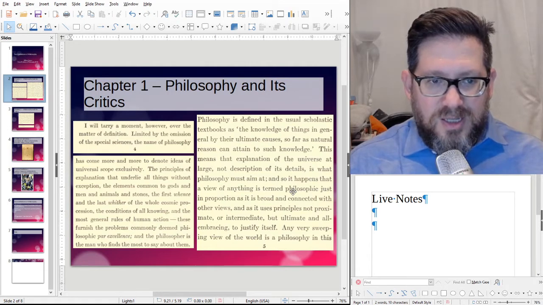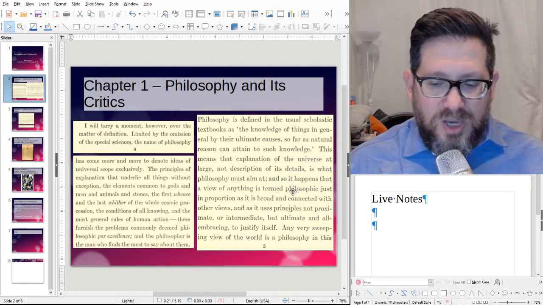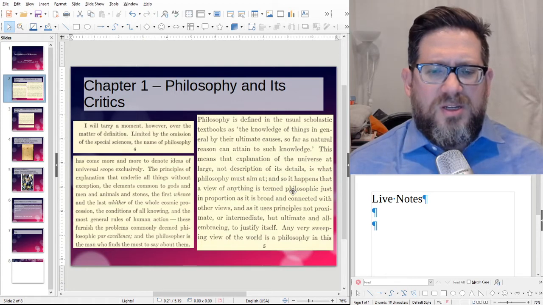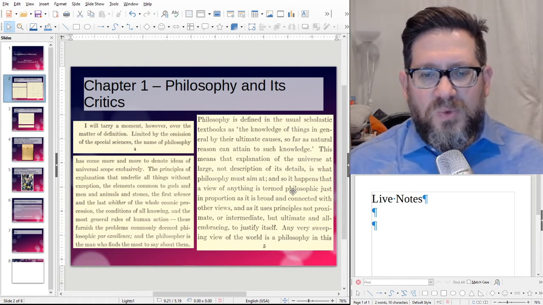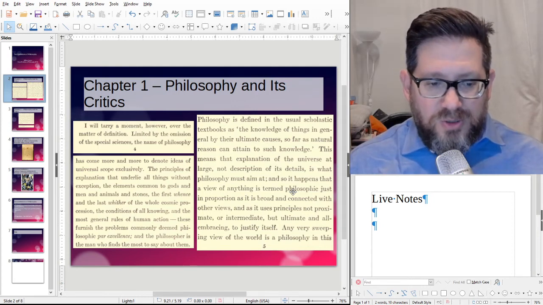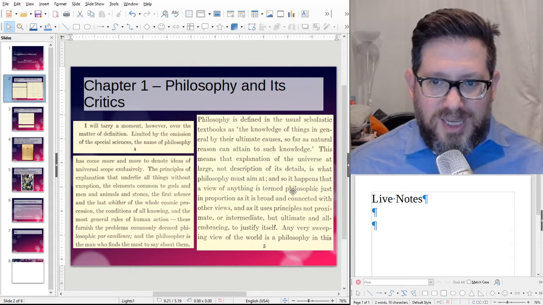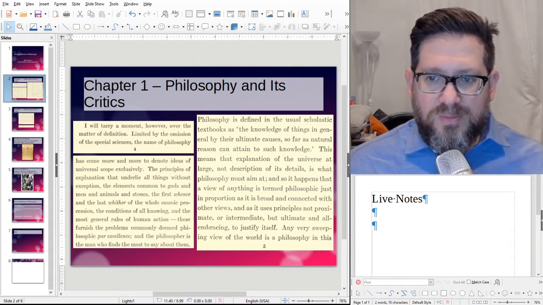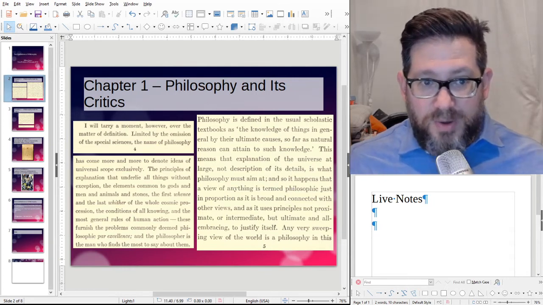And one of the things he says he's going to do different is he's not going to start with a definition, which is what the German textbook thinks you have to start with. How could you start a subject without defining it first? Doesn't make any sense. Well, William James says, I'm not going to do it that way.